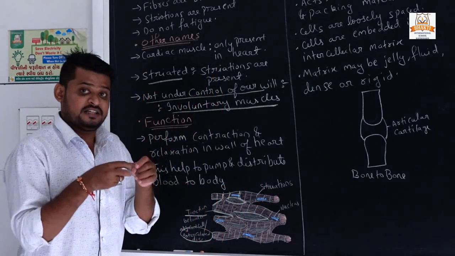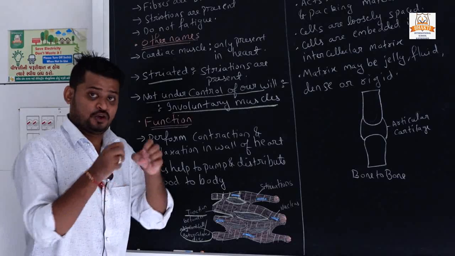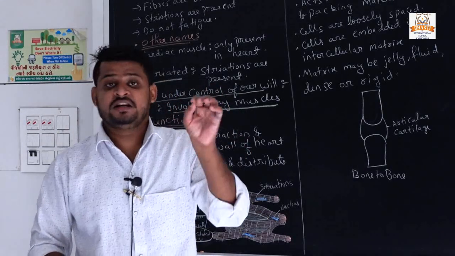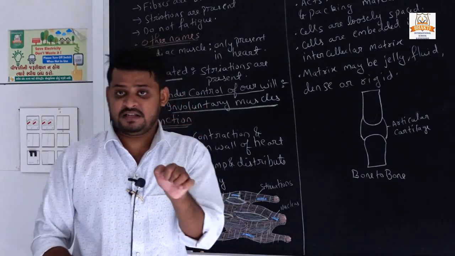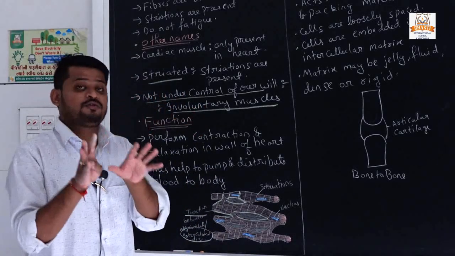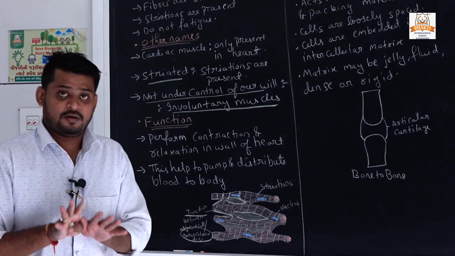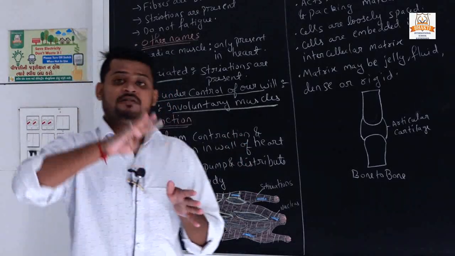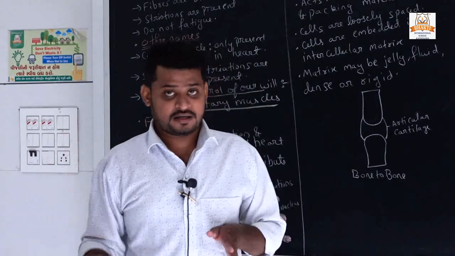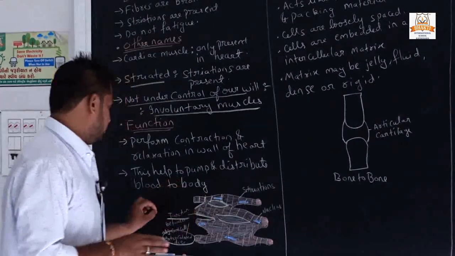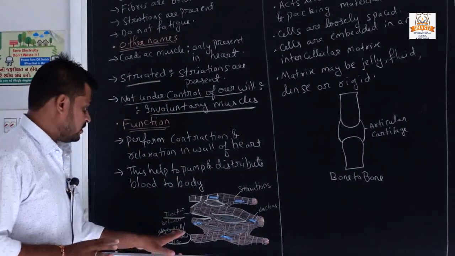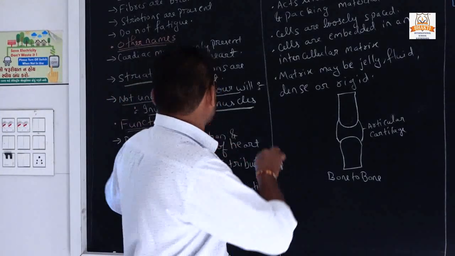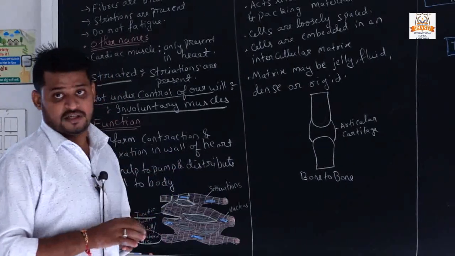Where two branches of cardiac muscle are joining. In the junction, intercalated discs are present. What is intercalated? You only have to know this name. You will study what it is in your higher classes. For now you only have to know the name intercalated disc. So, understand? This is cardiac muscle.